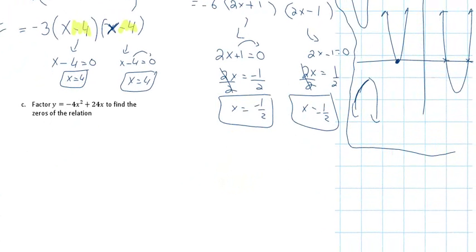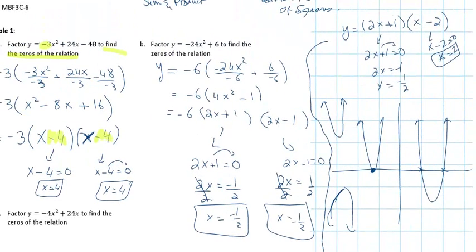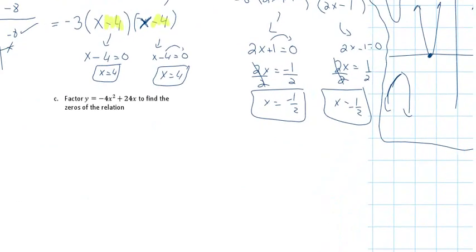Because look here, eyes on the board, please. If you look here, both terms have the letter x. In this case, only the first term had the letter x, right? So that's why I can't factor x here. But for this one, my common factor is actually negative 4x. So if I take both my terms and I divide them by negative 4x, okay?